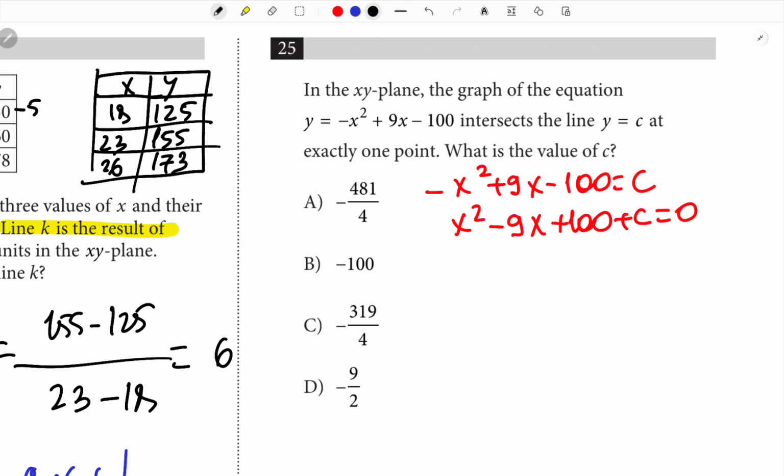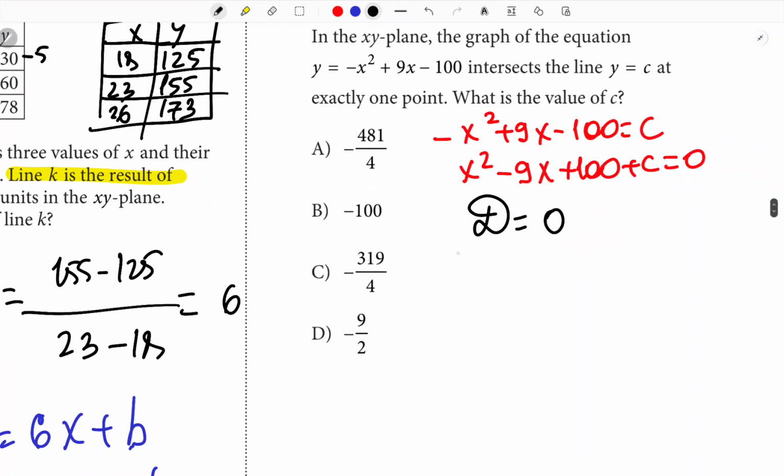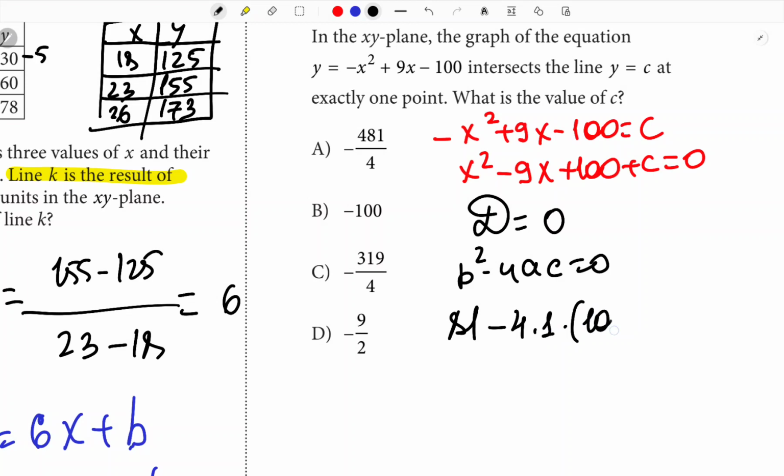That's why exactly 1 point says that your discriminant is equal to 0. What does it mean? B squared minus 4ac is equal to 0. B is negative 9, squared is 81, minus 4 times 1 times negative 100 plus c is equal to 0.